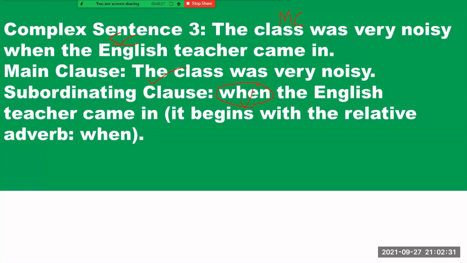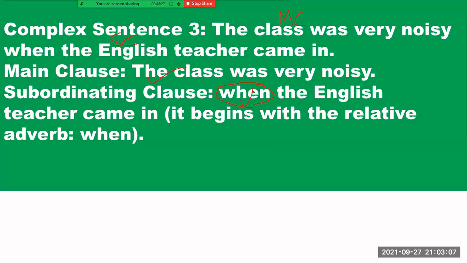By now, I believe that you must have learned what a complex sentence means, and you must have also learned the various components, especially the two components of the complex sentence, the main clause and the subordinate clause. And we have also looked at the various parts that make up each clause, the subject, the verb, the object.